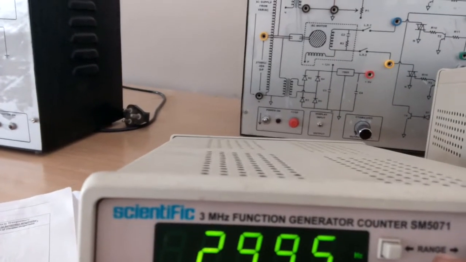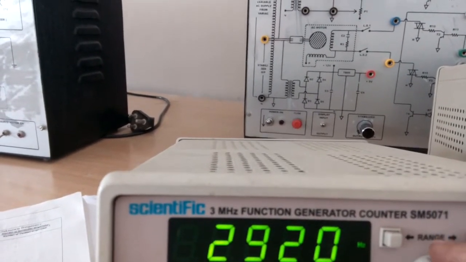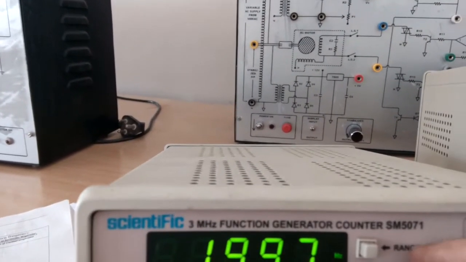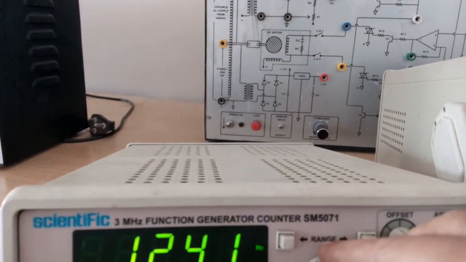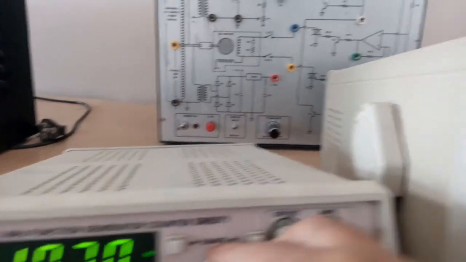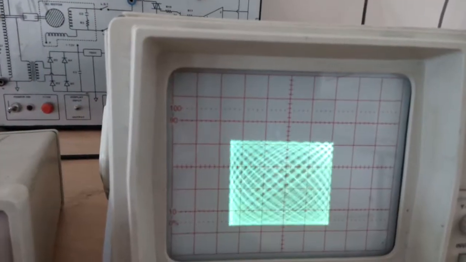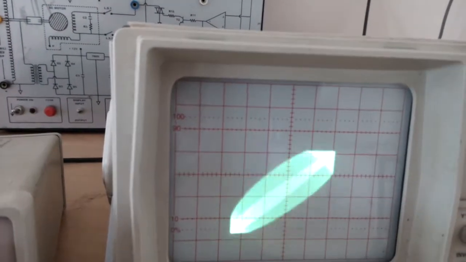Then we change this frequency until we get some stable Lissajous pattern. So we can see this pattern is changing.